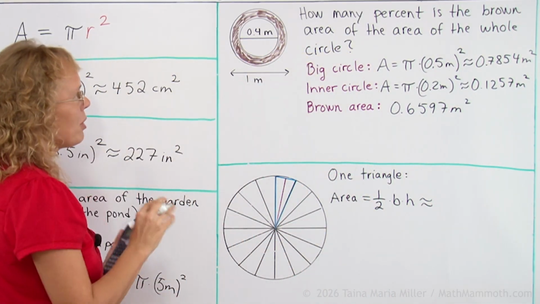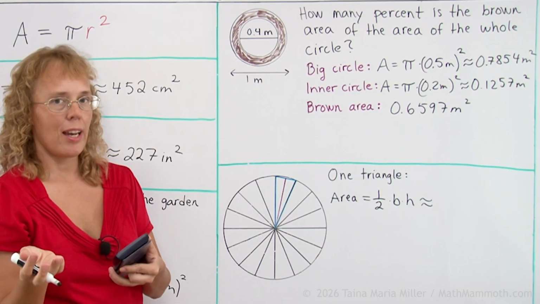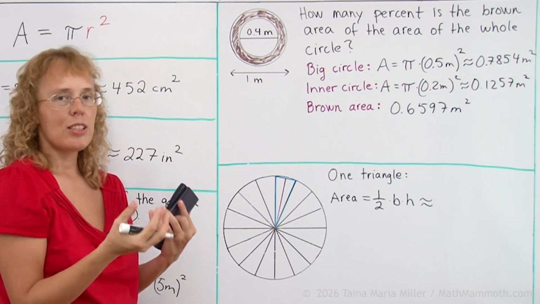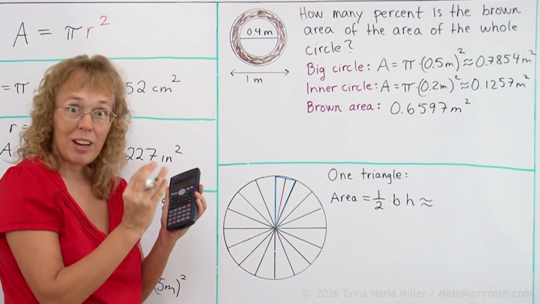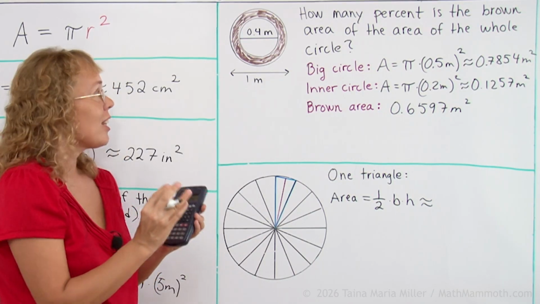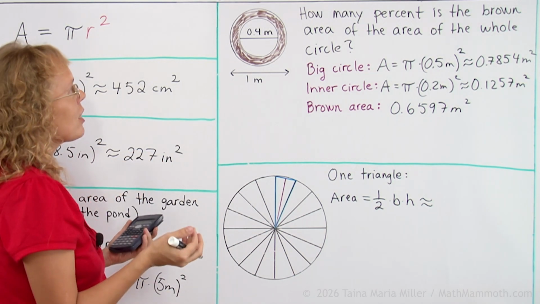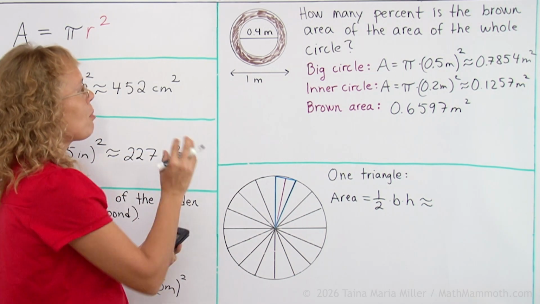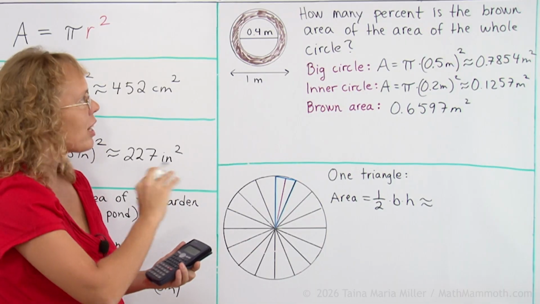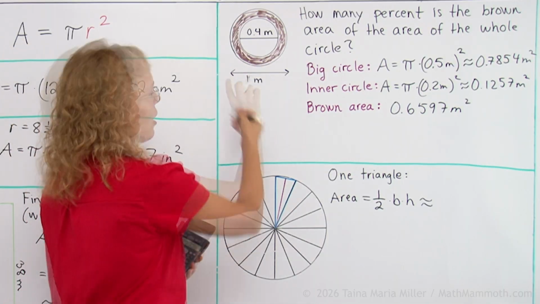And now the percentage. How do we find how many percent is something of something else? When it is a percent question, you need to form the fraction first. And then you change the fraction into a decimal and into a percent. So just think of it as what part is the brown area of the whole circle? What fraction is the brown area of the whole circle?